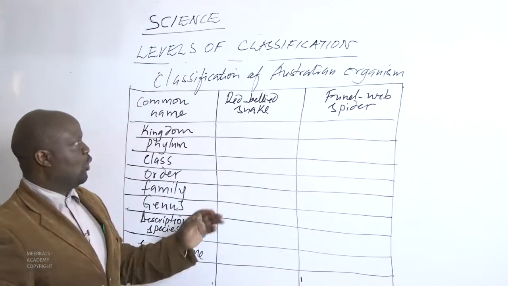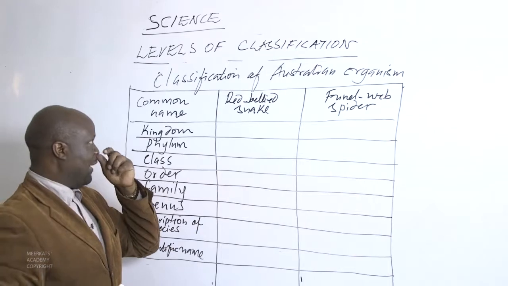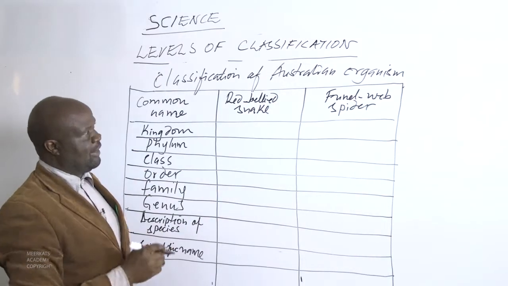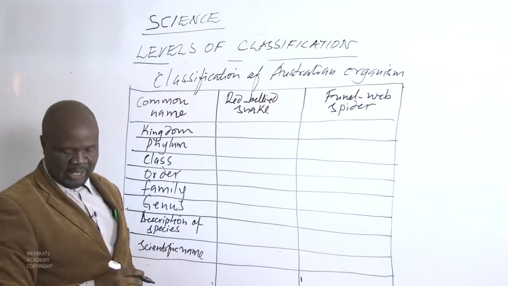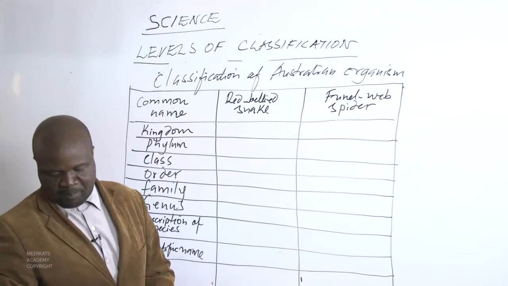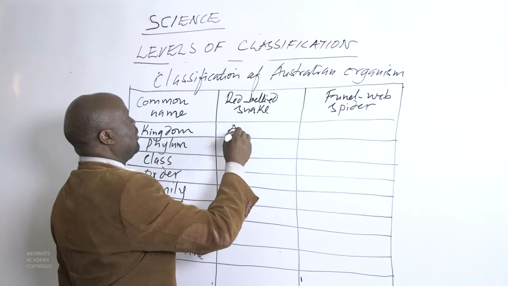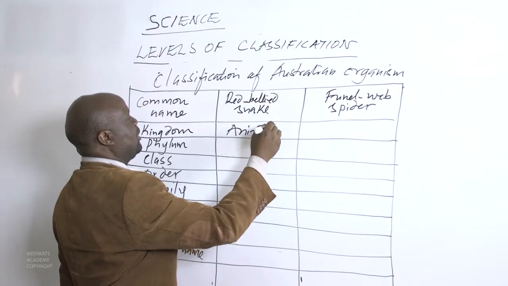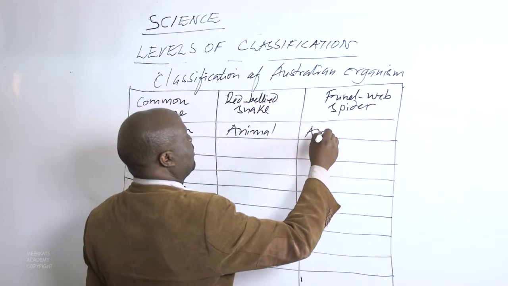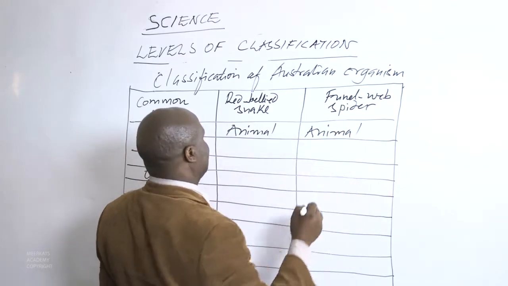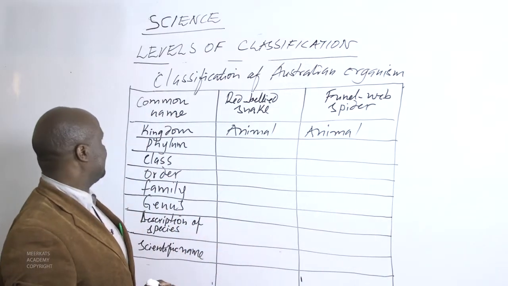And now we are trying to classify the red-bellied snake and the spider. When it comes to the kingdom, they all belong to the same kingdom called animal.